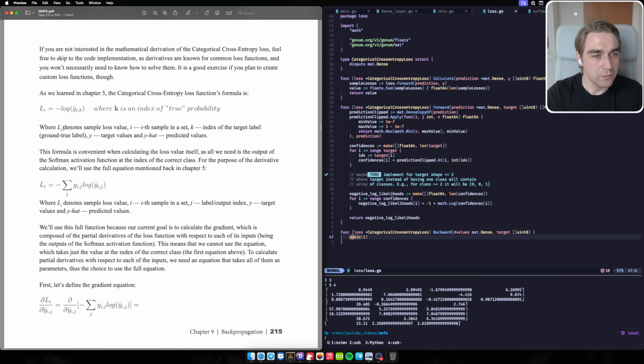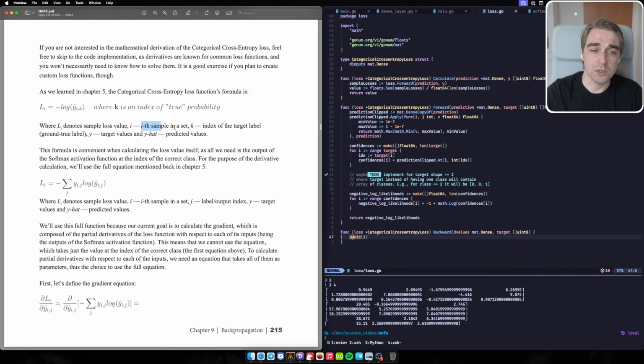where L i denotes the sample loss value, i is the sample in the set, k is the index of the target label, the ground truth label, y denotes target values, and y hat denotes predicted values. This formula is convenient when calculating the loss value itself, as all we need is the output of the softmax activation function at the index of the correct class.